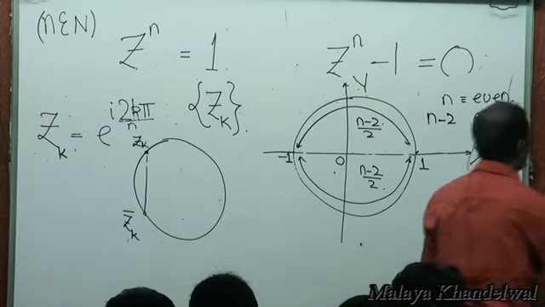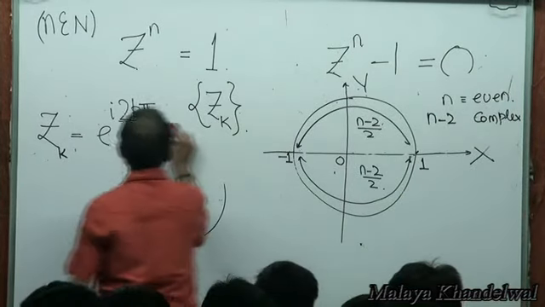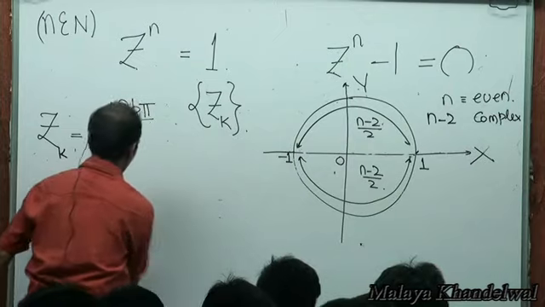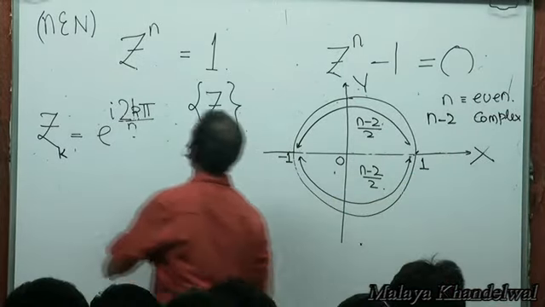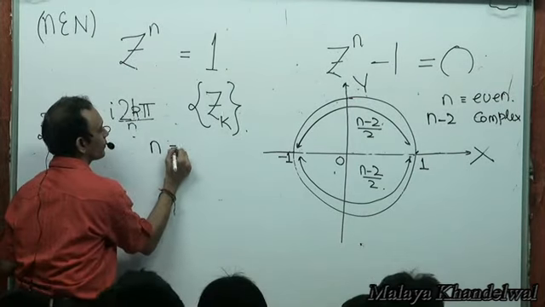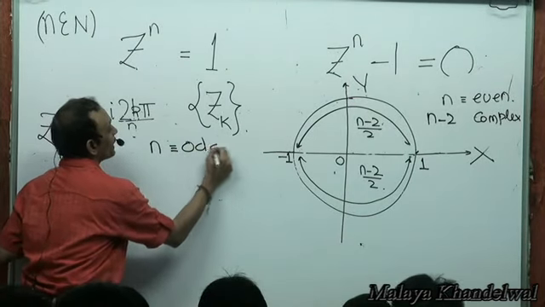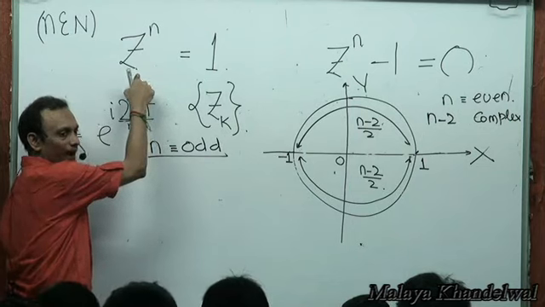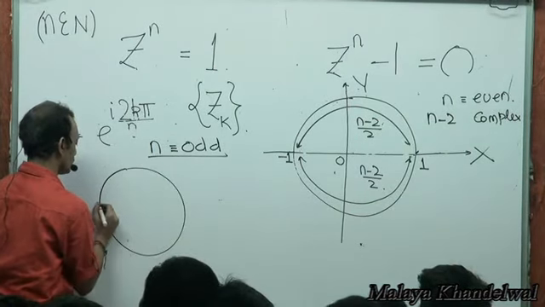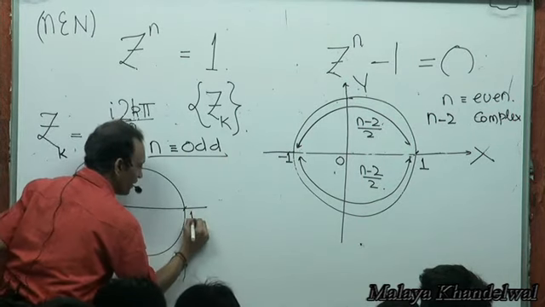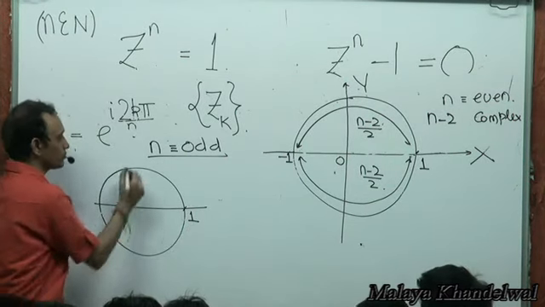Now, similarly, if n is odd, there will be only one real root, z equal to 1. Only one real root, 1 plus i into 0, right?